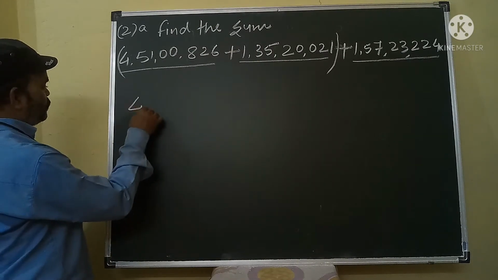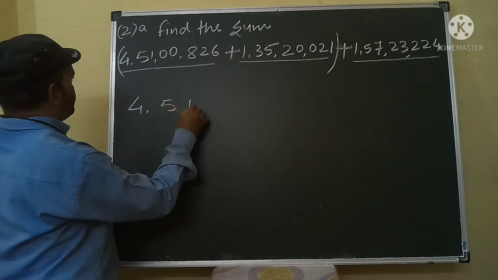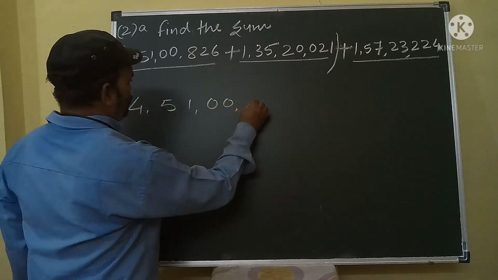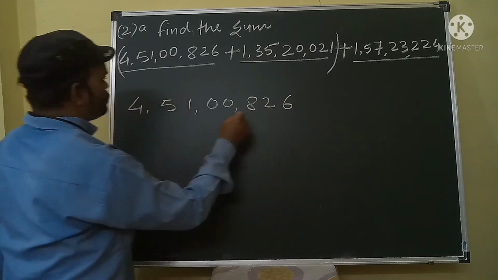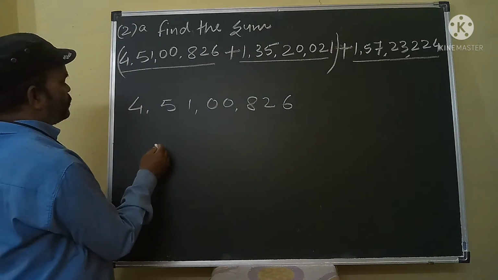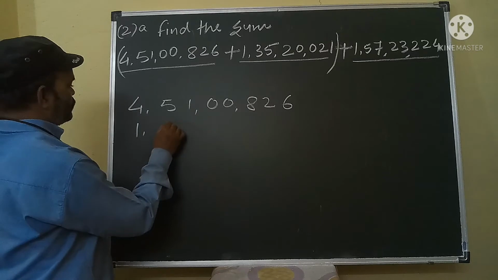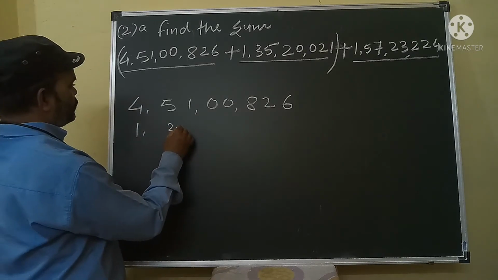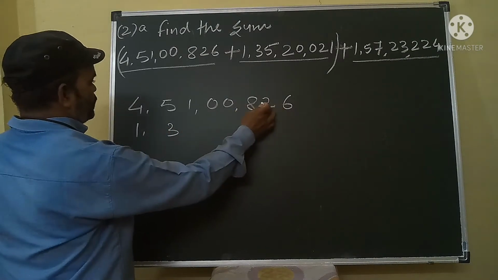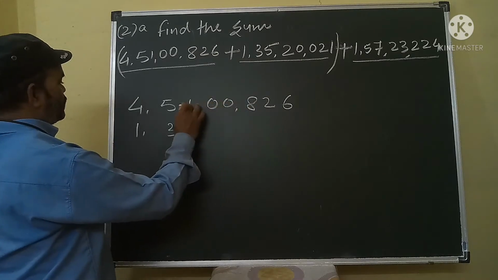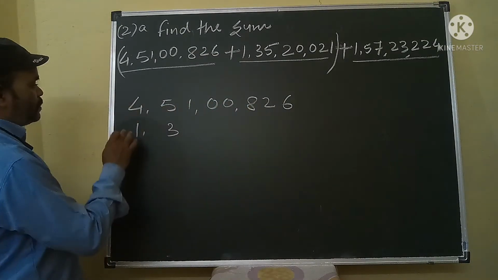This is 4,51,826. Ones, tens, 100, 1,000, 10,000, lakh, 10 lakh, crores.